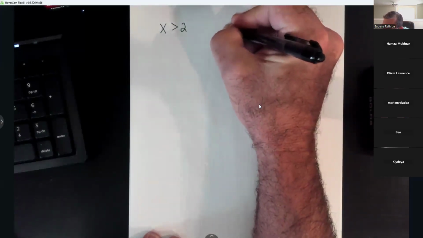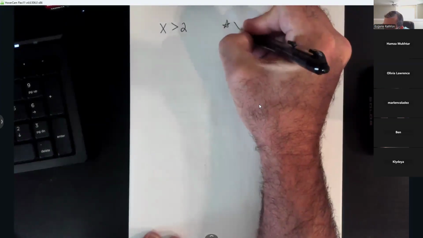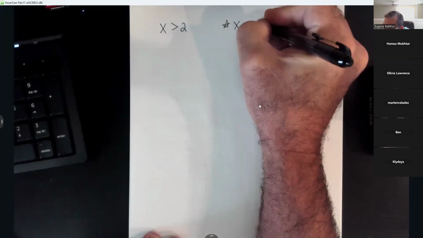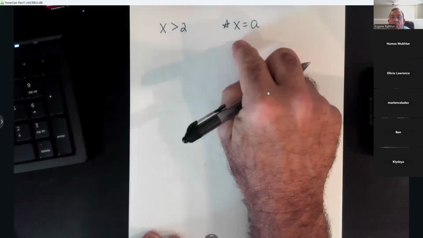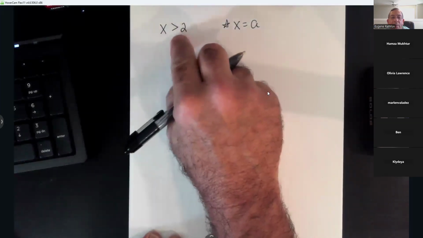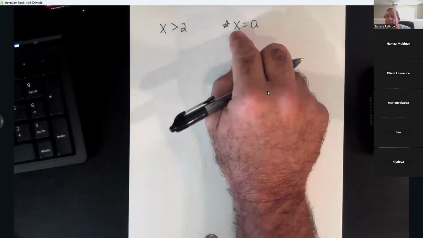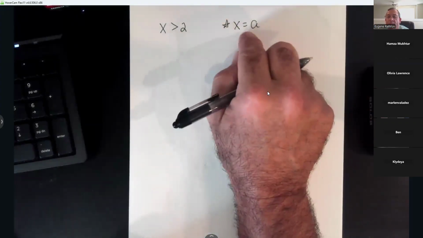All right, y'all, so this is going off of this little pattern here. X equals A. So this is just a general form of this type of an equation. And I'm using equals instead of inequalities.